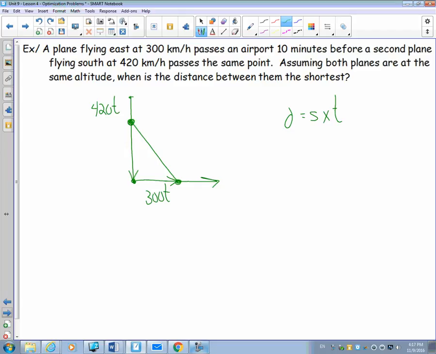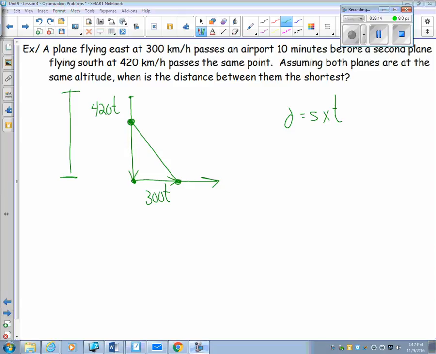What's the difference this time? Last time I didn't give you the starting distance apart. We kind of need to figure that out. We need to know how far away from the airport the plane was when we started. We can figure out how far apart they are by using the idea again of distance, speed, and time. We know that the plane that's flying south takes 10 minutes to get to the airport.